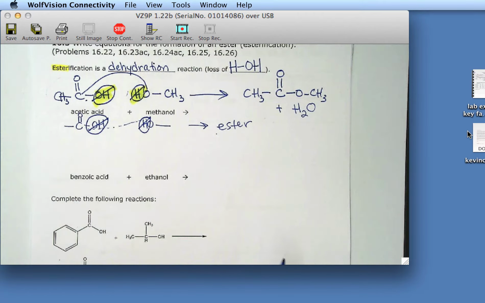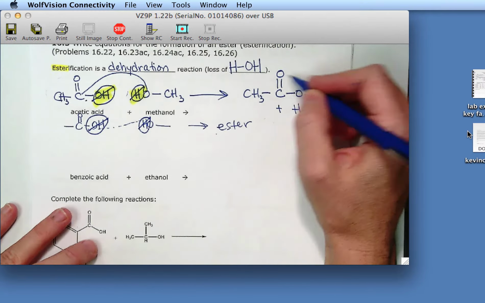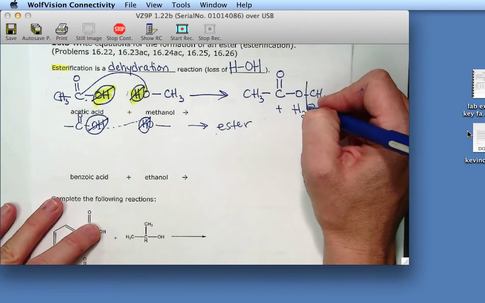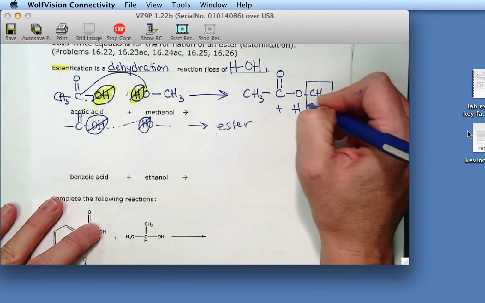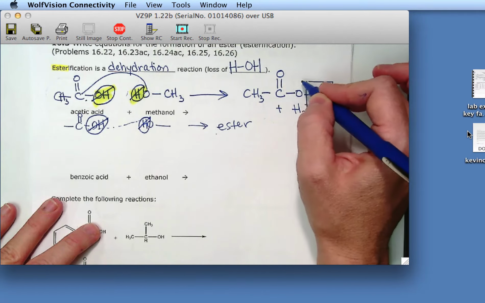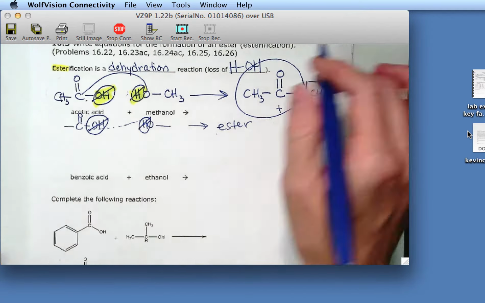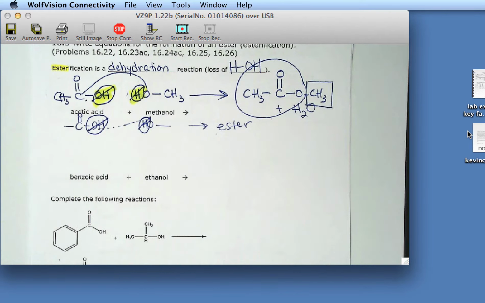So I'm going to get in the habit of, with esters, I'm going to square the group that's coming off the oxygen. That's your alkyl group. And I'm going to circle the parent. If you're a parent, think about this, or you observe other parents.